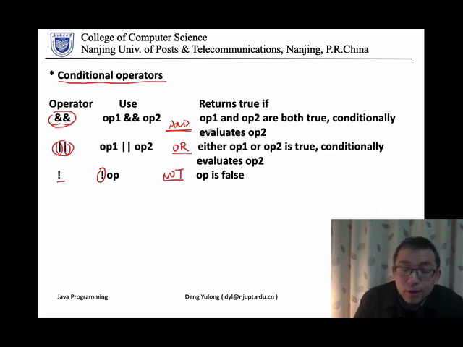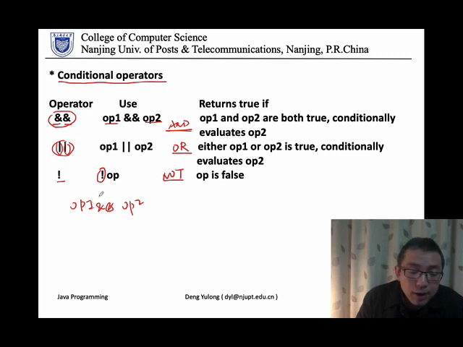Okay, the AND operation means the first operand and the second operand make the AND operation. Now, this means the first operand and the second operand must be Boolean variables.